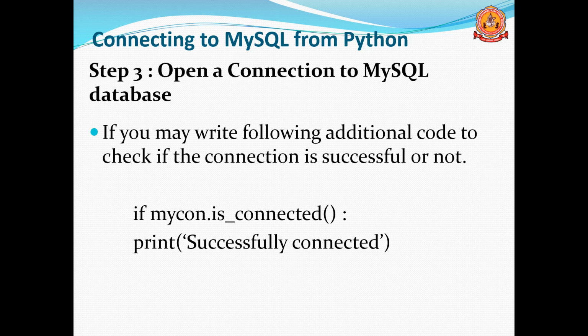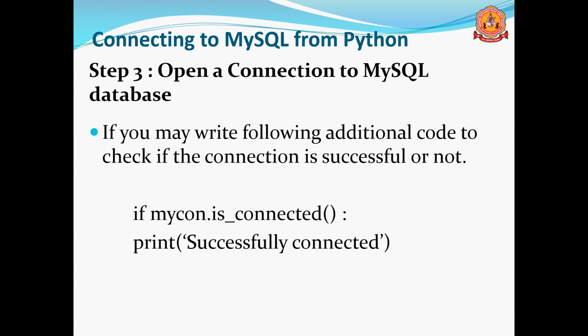Here is_connected is a function that is available in the mysql.connector package. That function will provide true or false. If it is connected, that is true; if it produces false, it is not connected. So that is the function we can use to check whether your Python is connected to the database or not.